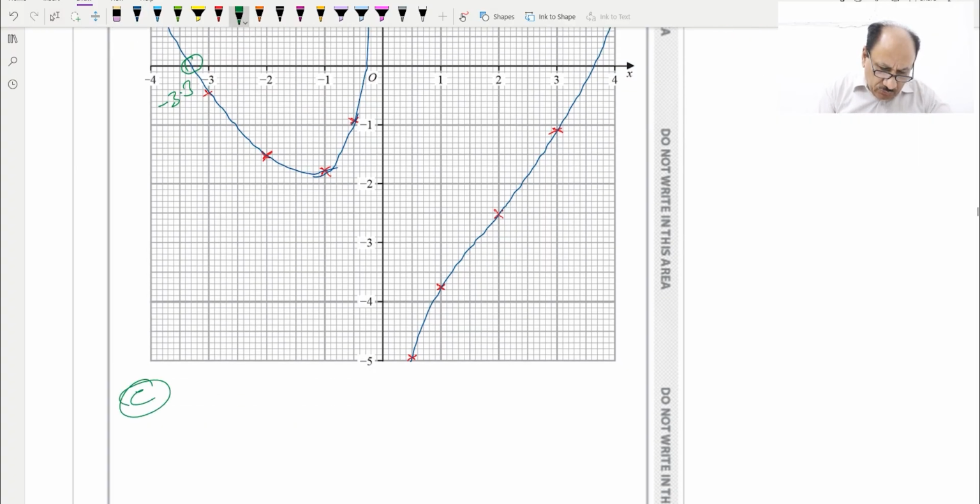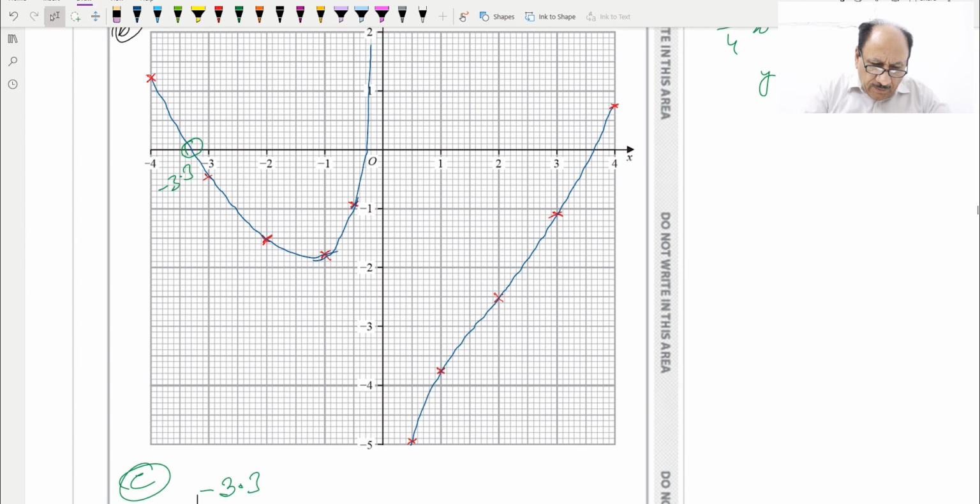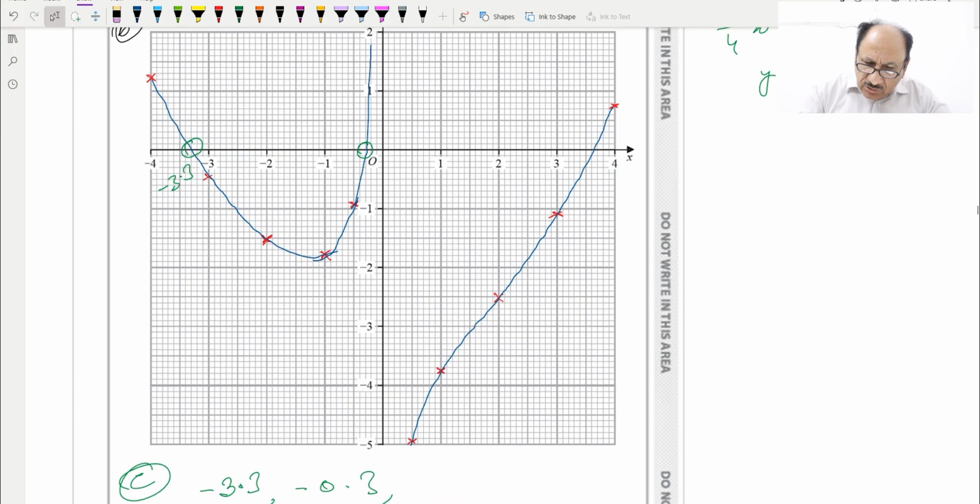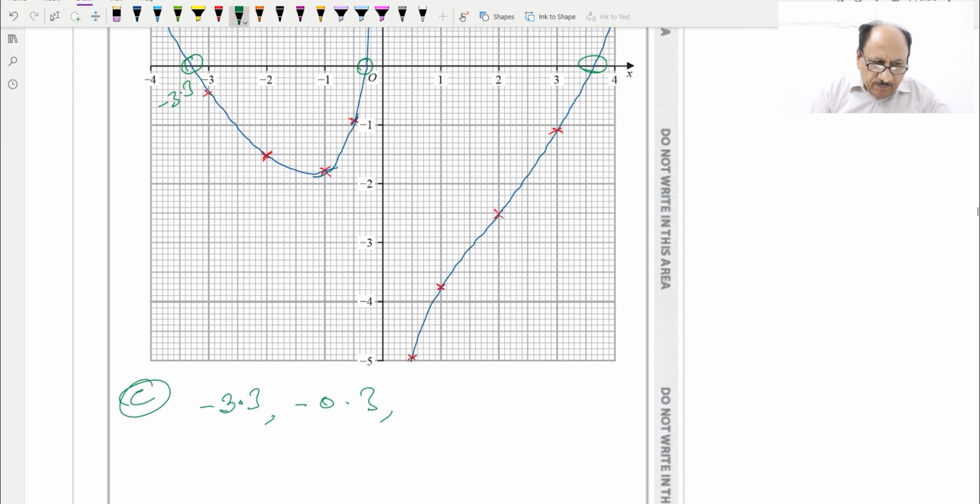So I'm giving the solutions over here. Minus 3.3 will be one solution, and the next solution is minus 0.3. So minus 0.3, and the third solution, if we check over here, is around 3.6.